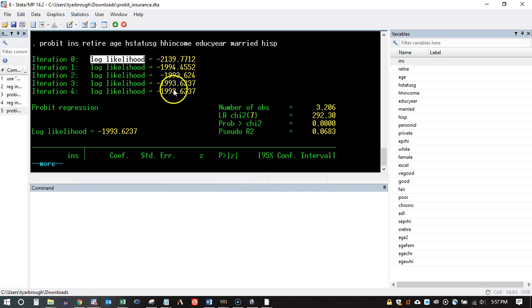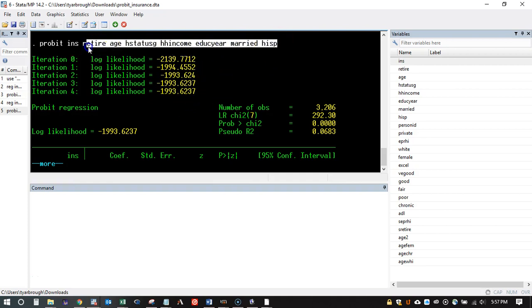Basically it's finding the specific log likelihood function that corresponds to the sample, and oftentimes it takes a number of iterations before it finds the correct one. This is actually pretty quick. It only took 4 iterations. Sometimes this can be thousands of iterations.